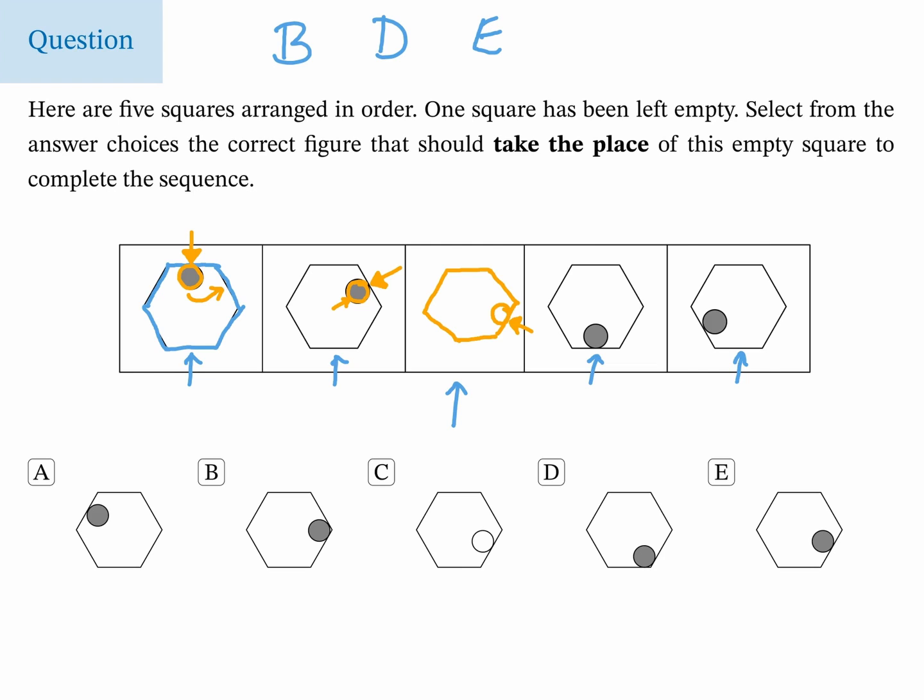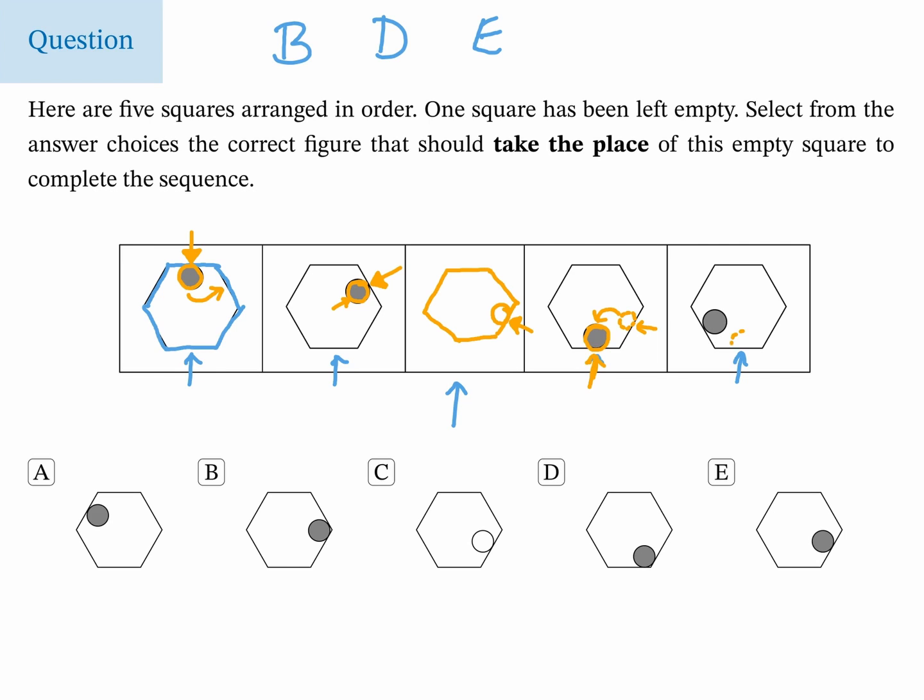And we still want it to be a gray circle, because if we look at the next box, we see that indeed it does follow that pattern. The circle's gone from here in the previous box, the middle of this face, to now touching the middle of the bottom edge of the hexagon.